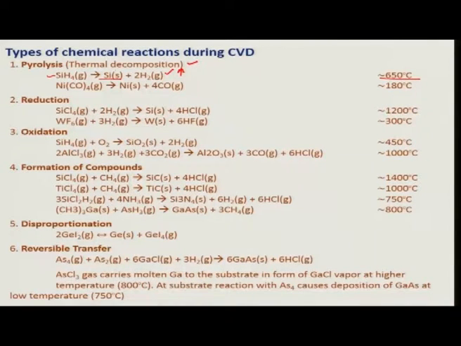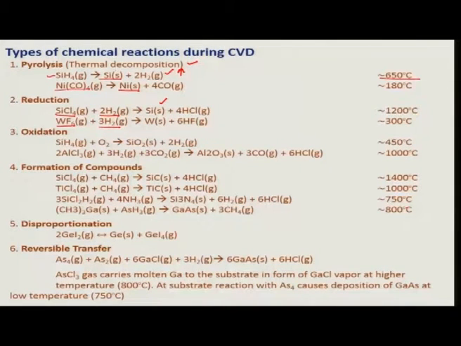For deposition of nickel, you can use nickel carbonyl gas. Another reaction is reduction of SiCl4 with hydrogen or WF6 by hydrogen, resulting in one solid material, which is the thin film, and a gaseous byproduct.